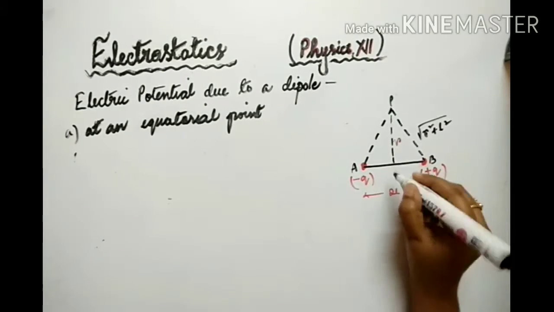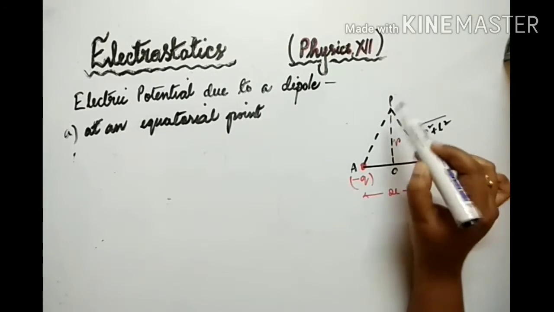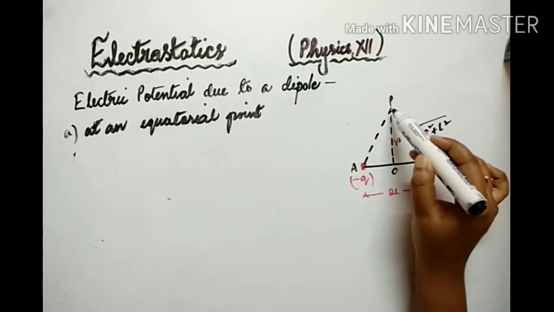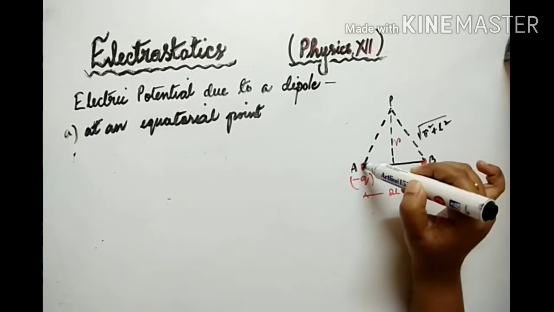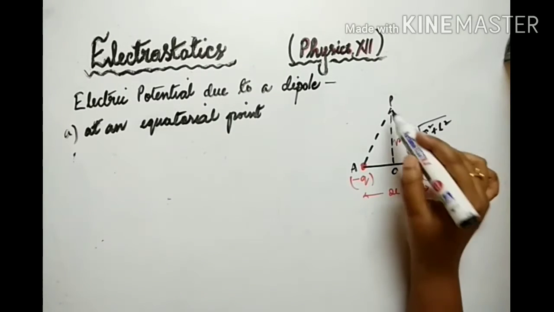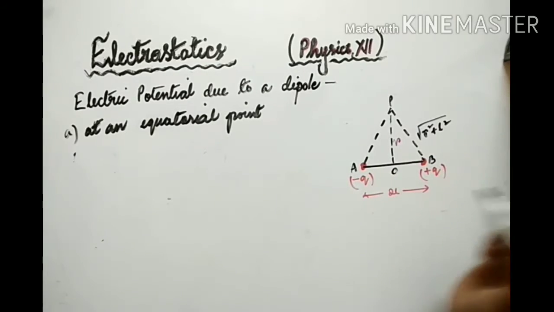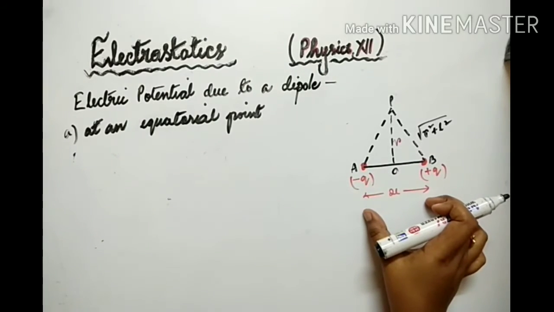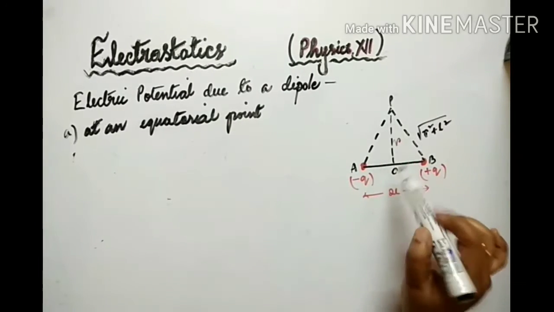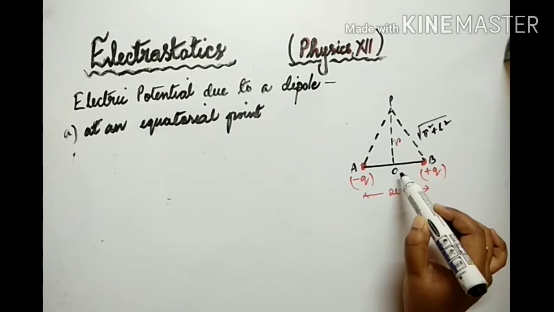Here we have chosen a point P, and we have connected P with points A and B. The dipole length is 2L, and this point P is at a distance R from the midpoint of the dipole.